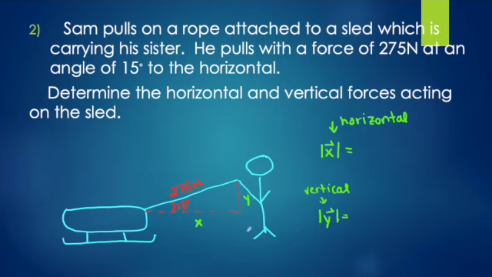Remember it's going up and down, so vertical. You just have to remember those formulas. So remember that it was v cos of theta for this one, and then if this one is v sine of theta. So you're just going to put in 275 newtons cos of 15 degrees here, 275 newtons sine of 15 degrees here.